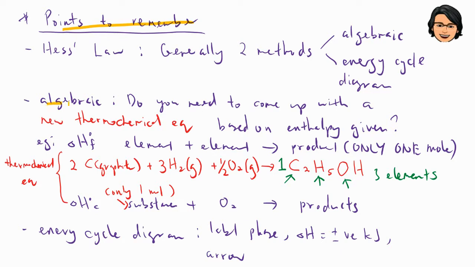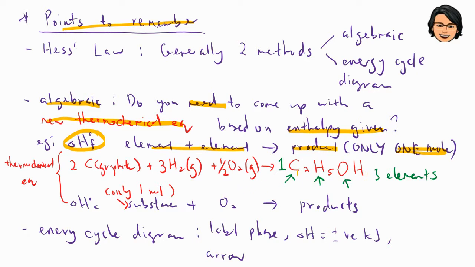I will go straight away to the algebraic method. For the algebraic method, you need to think: do you need to come up with a new thermochemical equation based on the enthalpy given? For example, if asked to find the enthalpy of formation, you must know that it is elements becoming product, and the product must be only 1 mole according to the definition.